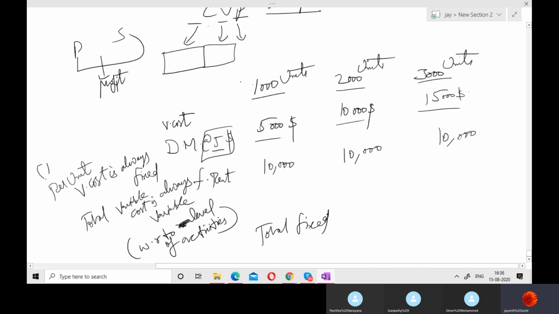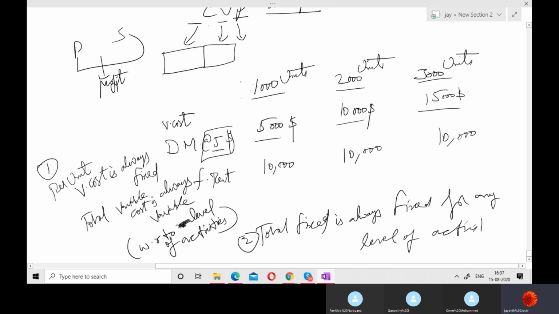Property number 1, property number 2: total fixed cost is always fixed for any level of activity. Whatever the level of activity you perform, you're going to pay the same amount.